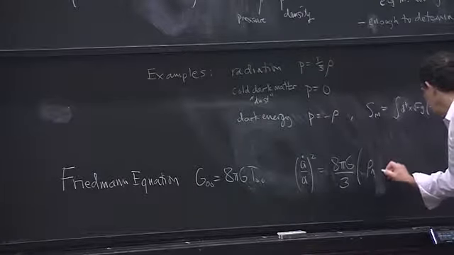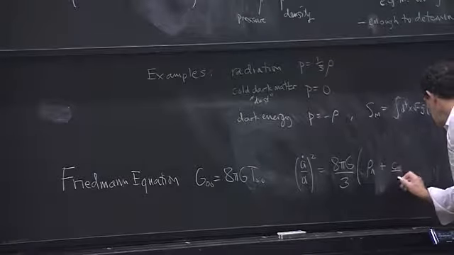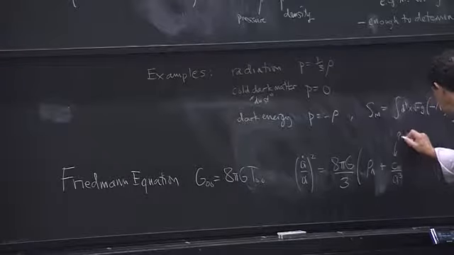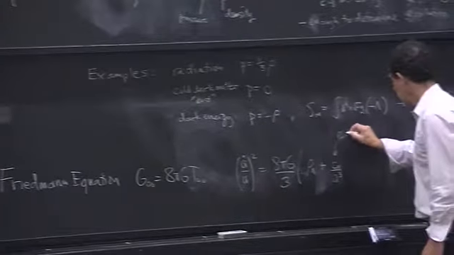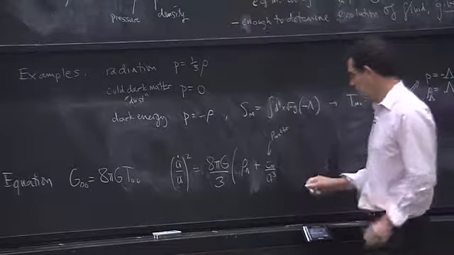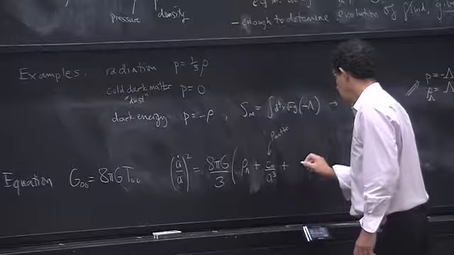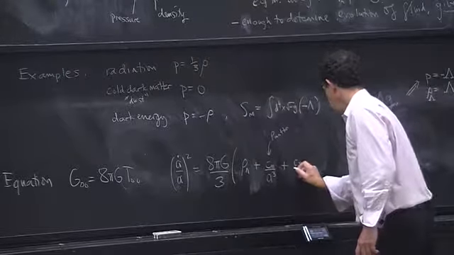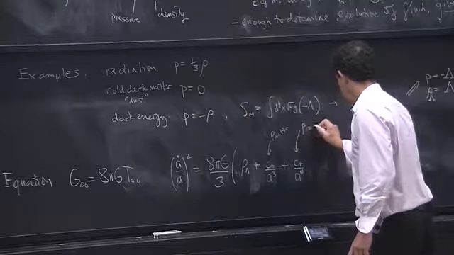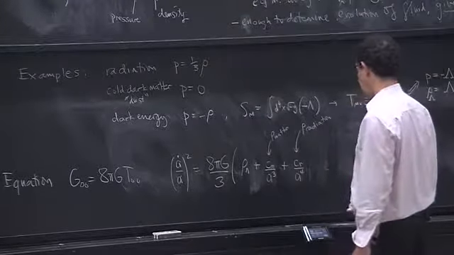But in the real world, there's more than that. There's C matter over A cubed. This is the density of matter. That's ordinary matter like we're made of. It's also cold dark matter. It goes like 1 over A cubed. Then you have radiation, which goes like 1 over A to the 4th.